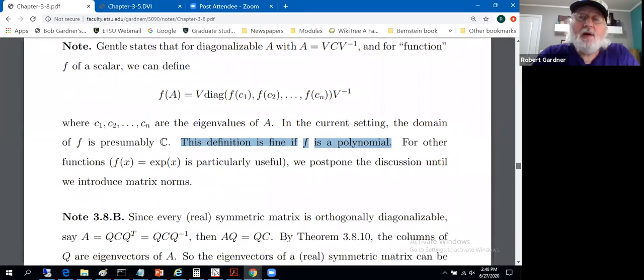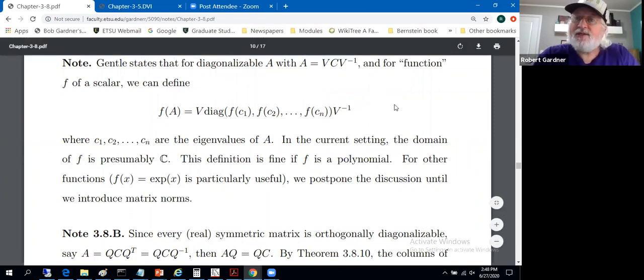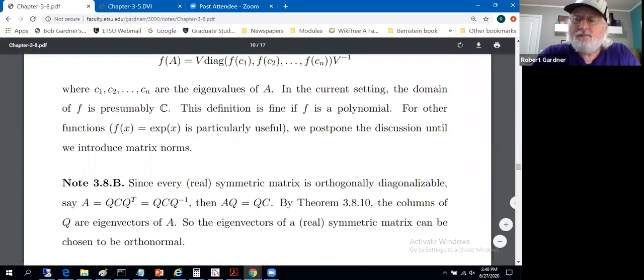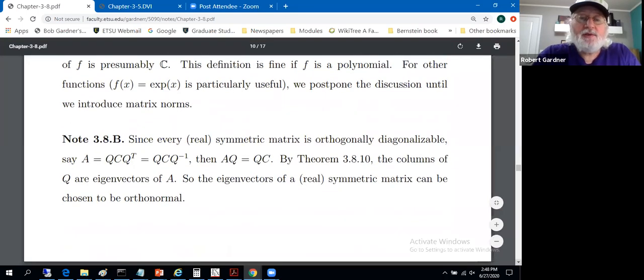I don't think we talked in the past about how to compute those powers of A. Well, you would diagonalize, and then the computation of powers of A is easy. It ends up involving powers of the diagonal elements, which are eigenvalues. So we do want to put matrices into functions at some point, polynomials maybe, for sure. And I don't have to worry about any divergence if I restrict my attention to polynomial functions.